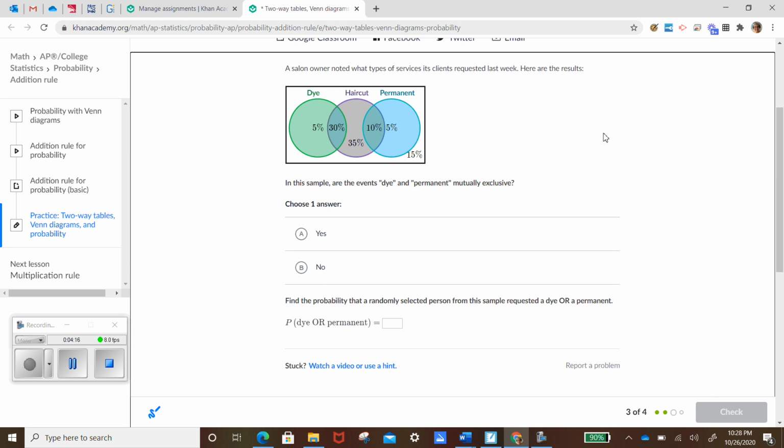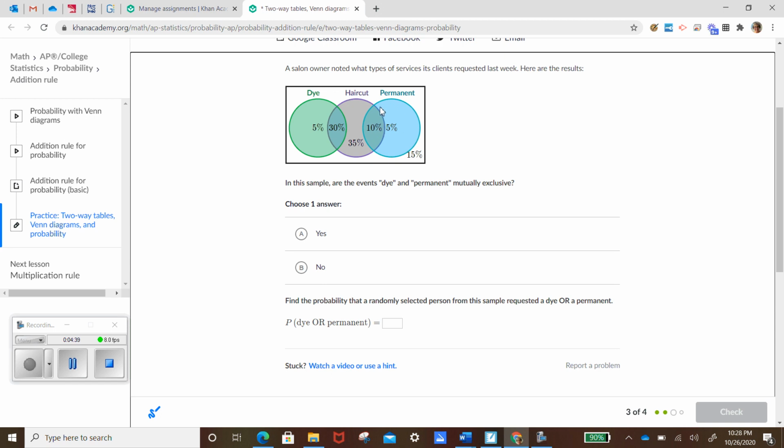A salon owner noted what types of services its clients requested last week. Here are the results. Hair dye was a total of 35% of the customers. Haircut is a total of 30 plus 35 plus 10, so 75%.